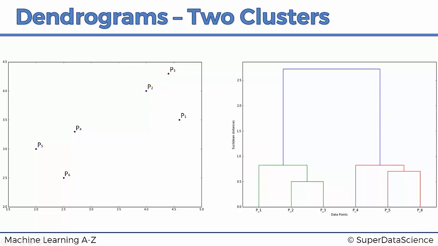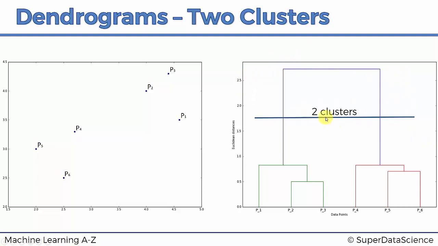So what we can do is set a threshold for our dissimilarity, and we can say that we don't want dissimilarity to be greater than this level. Again, it doesn't matter what the absolute value is, it matters what the relative value is and how it looks on this image. So we're setting the dissimilarity threshold, and we're saying that we don't want within a cluster to have dissimilarity above this threshold.